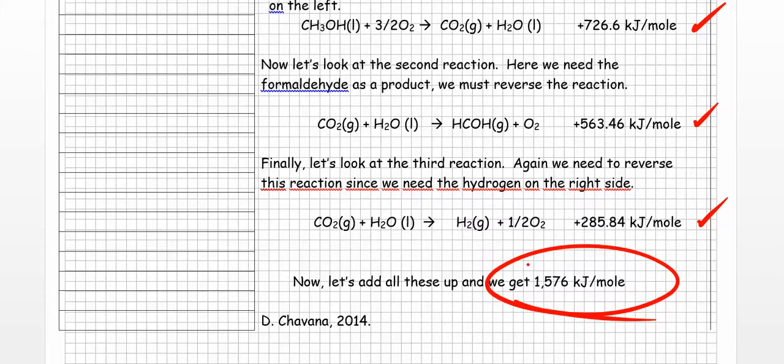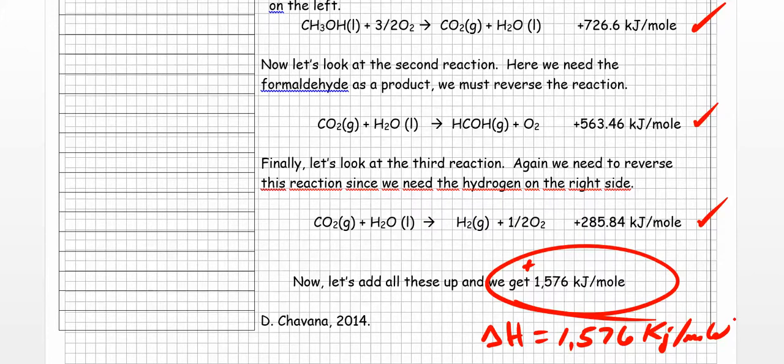And by the way, that's obviously a positive number because we're adding three positive numbers together. And so that, again, is the delta H. That is the delta H for this particular reaction, again, 1,576 kilojoules per mole.